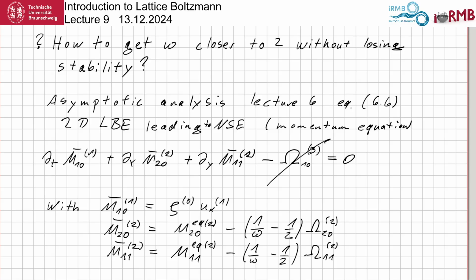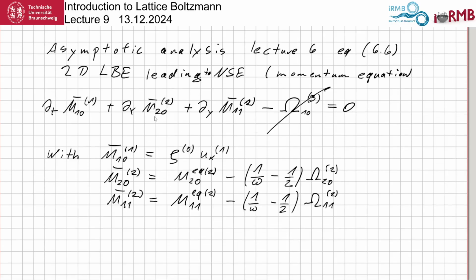So why am I reminding you of this? The thing is, we choose for the BGK this omega in order to get this Navier-Stokes equation correctly. And for this, we used an omega that we apply to all the populations.